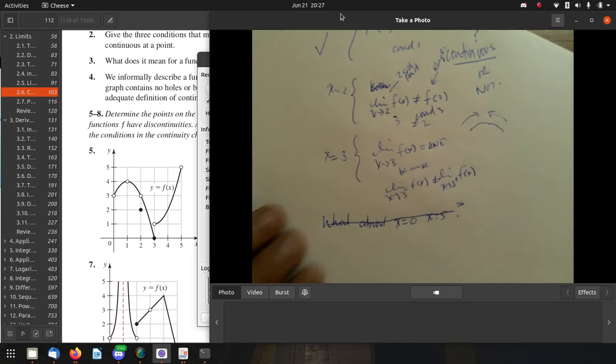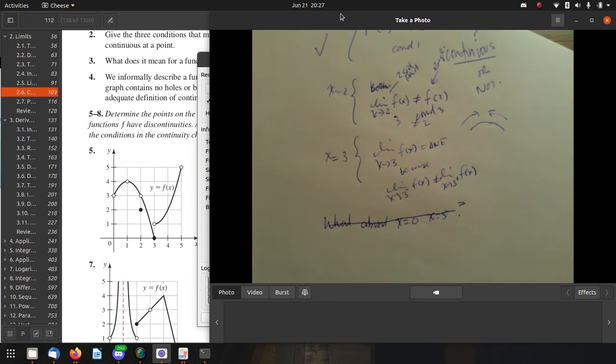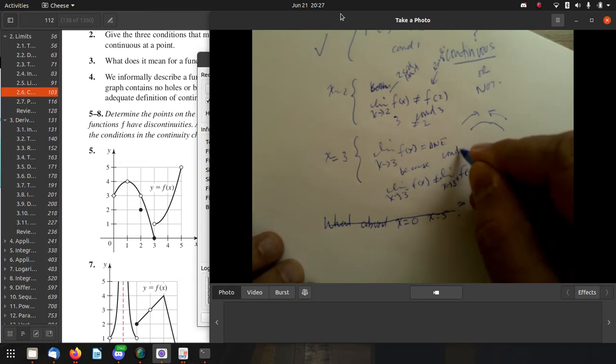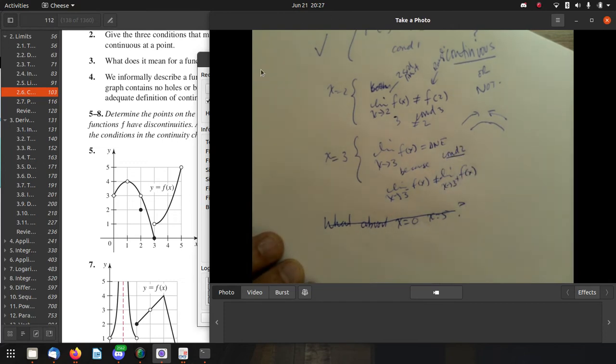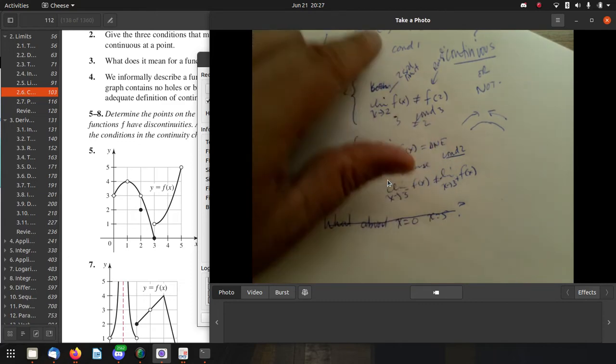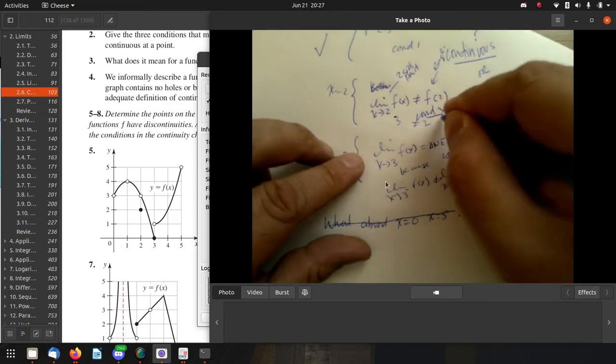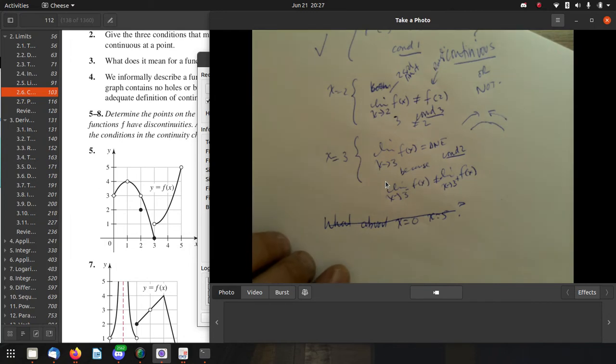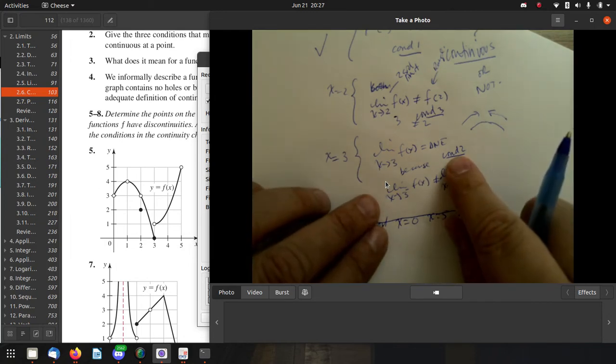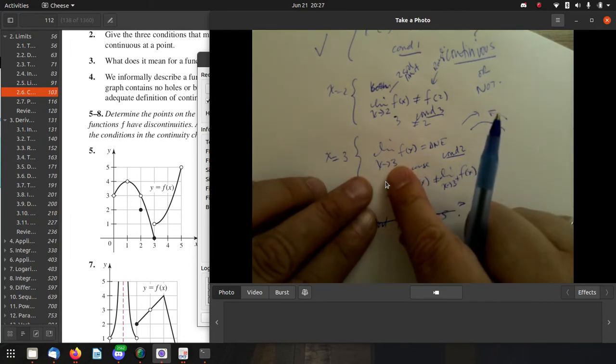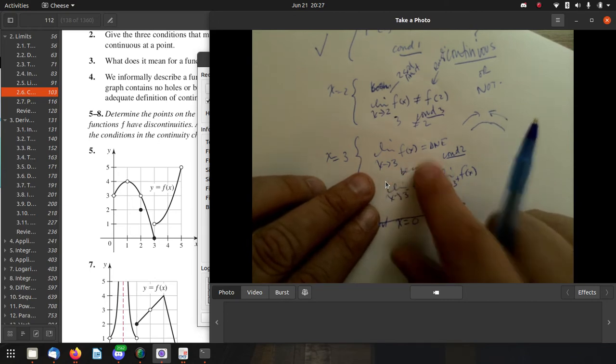Let's look at our list of limit rules. Yes, condition 2. Condition 2 fails. Some books have them listed in different ways. Every book's a little different on which rule they want to give what name. So condition 2 here is violated, which is that the limit as x approaches 3 from both sides, the two-sided limit of f of x, doesn't exist.